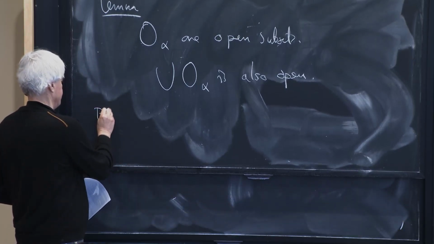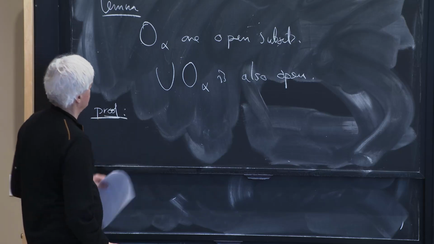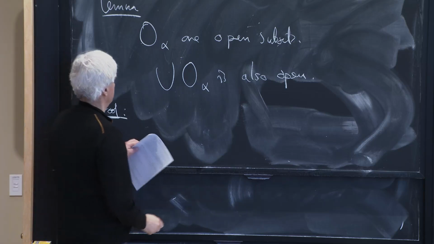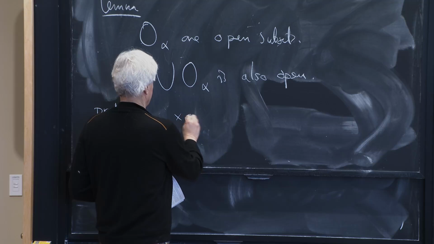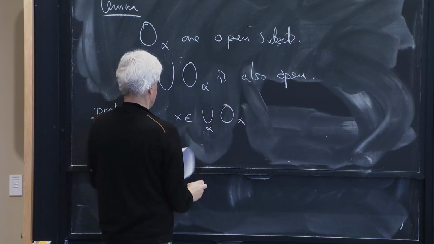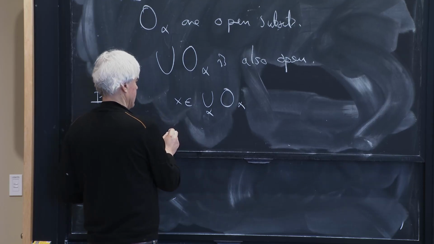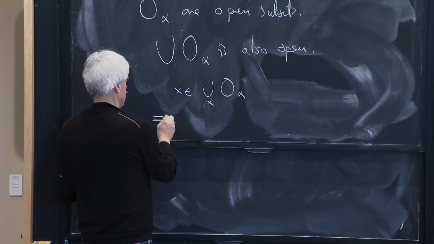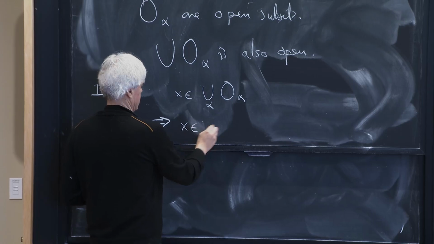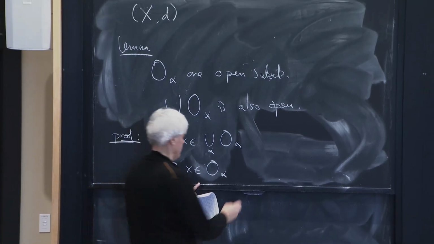So the proof: if you take an element in the union, this means that x is in O alpha for some alpha.